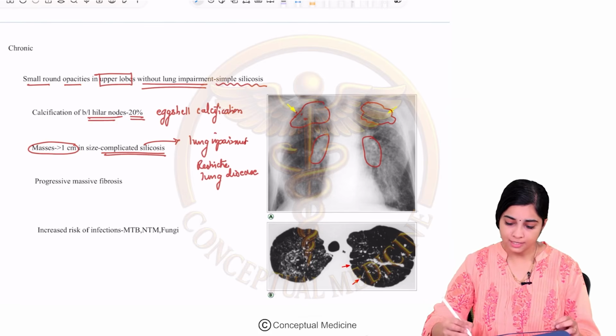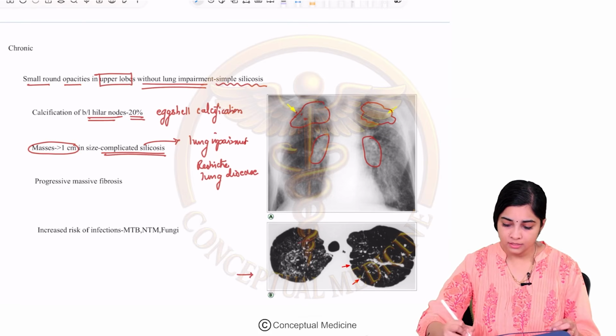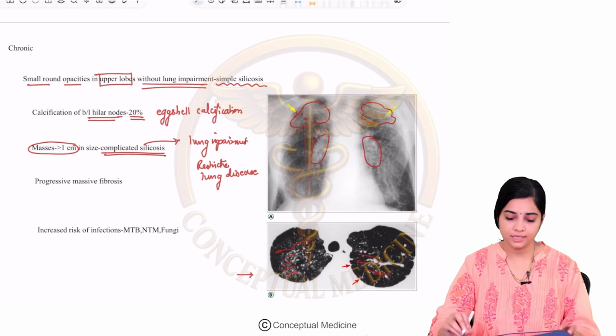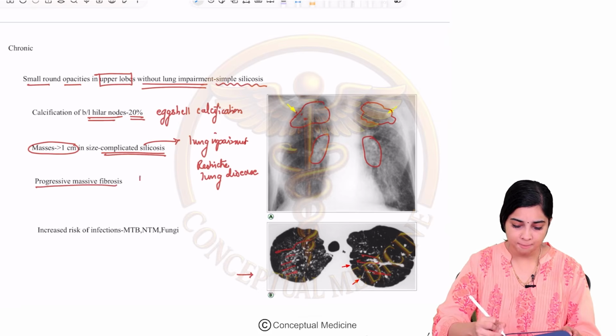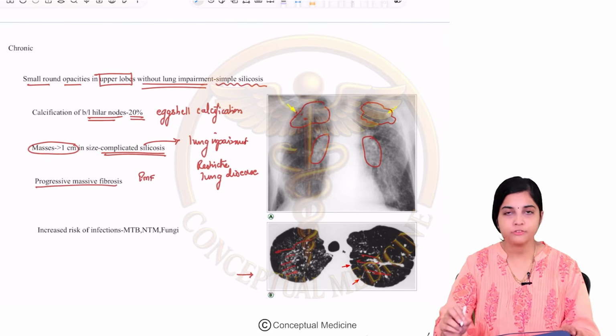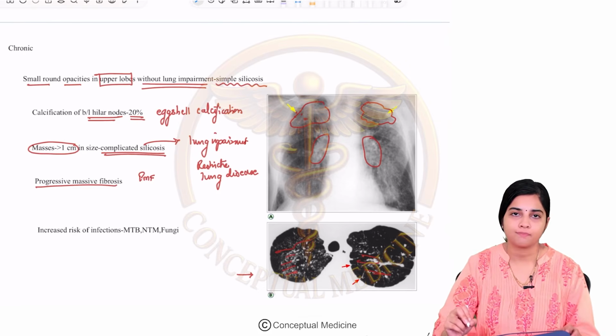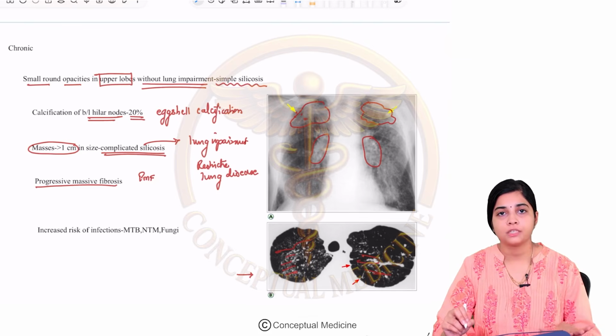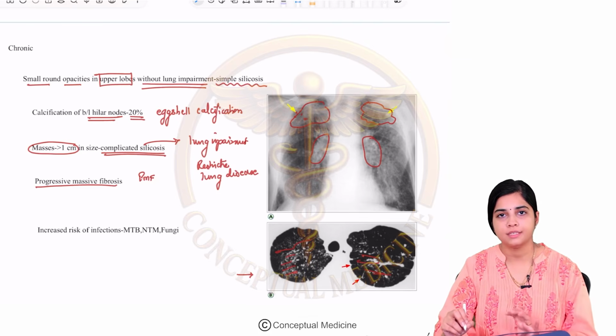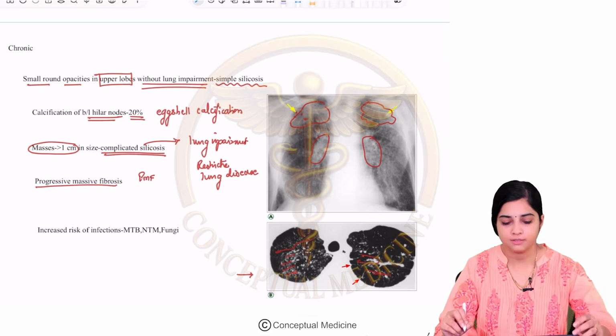Over the course of time, as you can see in this CT, there can be large scale fibrosis of the entire lung, which we call PMF, or progressive massive fibrosis. So the end stage of chronic exposure to silica can result in progressive massive fibrosis.